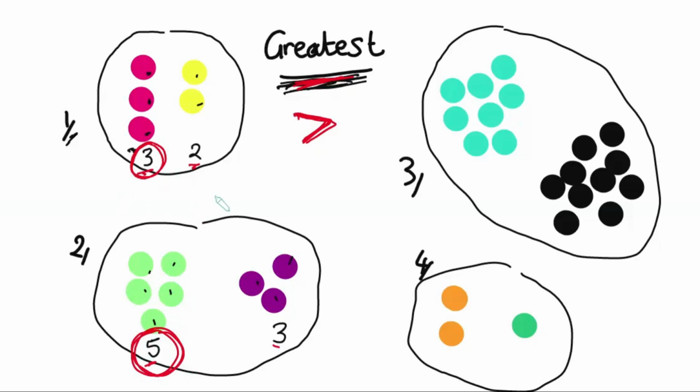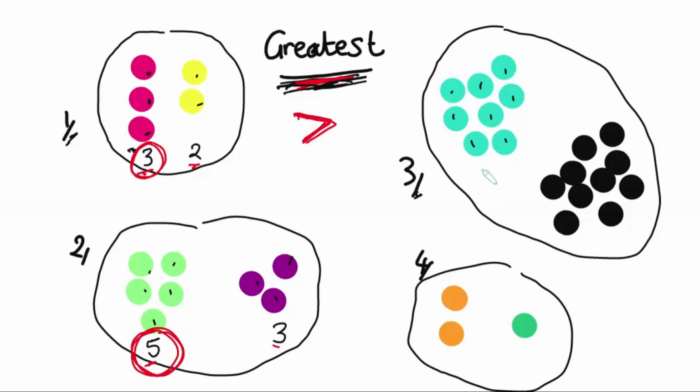You're doing really well. Now we're going to move on to group number 3. We have some turquoise and black dabs. Can you see them? We need to identify which colour has the greatest number of dabs. Let's count them up. Here we go. 1, 2, 3, 4, 5, 6, 7, 8.